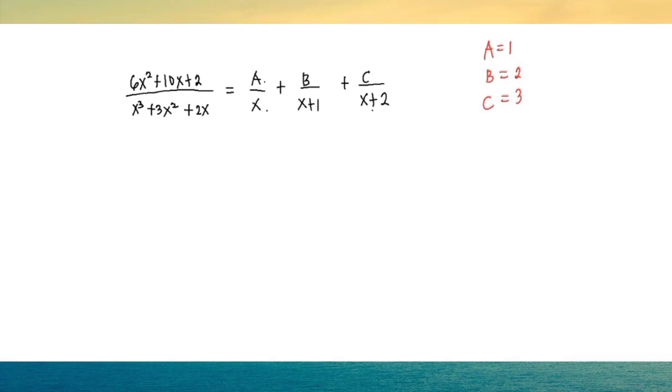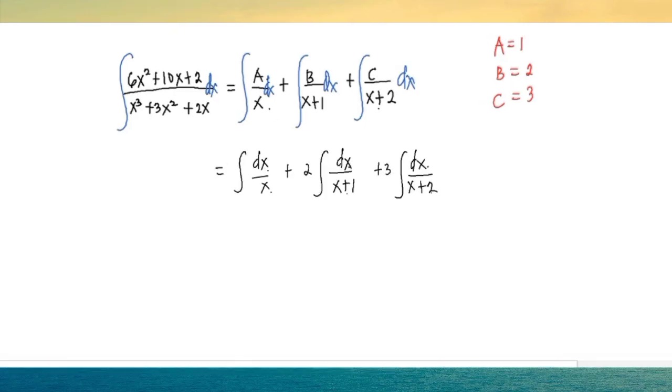So, gagawin natin ay maglalagay ulit tayo ng integral sign natin. So, we would have A, so that's 1. Of course, syempre, may dx na to. Now, we substitute the value of A, B, and C, which is A is equal to 1, B is equal to 2, and C is equal to 3.